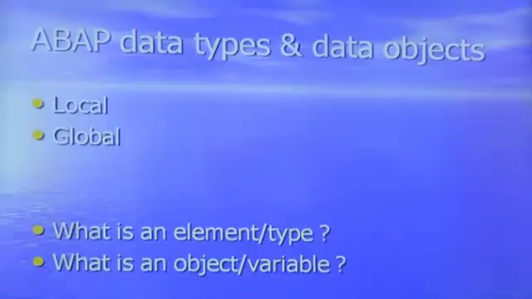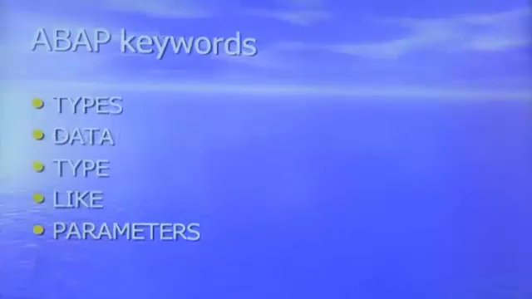A local one, whatever we have defined in a program, can be used within that program itself and not in any other program. A global one, if you define a data type, can be used multiple times within the same program, or multiple times in another program also. Today in this session, first of all, I am going to discuss data types and keywords.